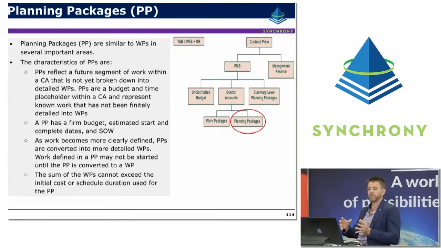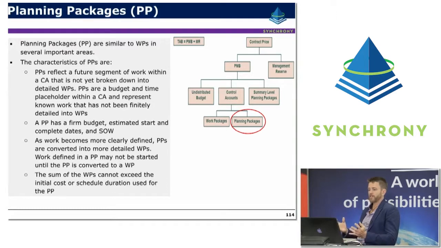They're basically a budget and time placeholder within the control account to represent known work that we need budget for, but we're not quite sure about the detail. A planning package does have a firm budget, an estimated start and completion date, and a scope of work. As the work becomes clearly defined, or as we work our way through the project, the planning packages are sequentially converted into work packages before the work is authorised and the work starts.